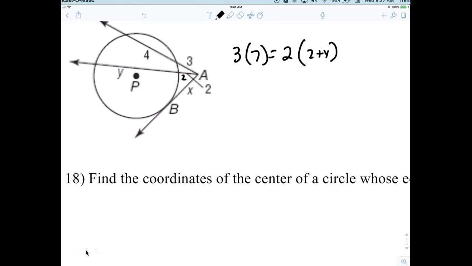You can also do x plus 7, x minus 2. You can do either, solve for x and y.